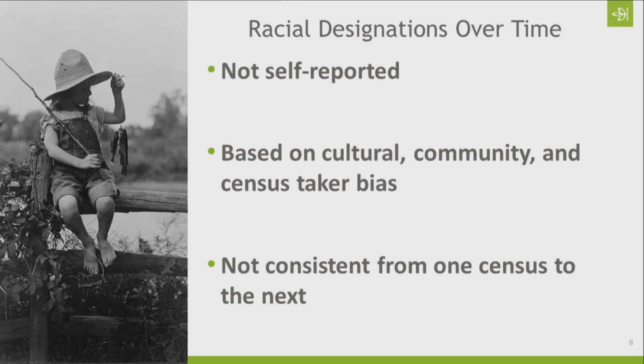So what does this mean for you as a genealogy researcher? Okay, a few things you just need to be aware of as you are researching your ancestry, particularly those of you with African American and Native American ancestry. The first thing you need to be aware of is that racial designations, like most information on the U.S. federal census from 1850 to 1940, is not self-reported.